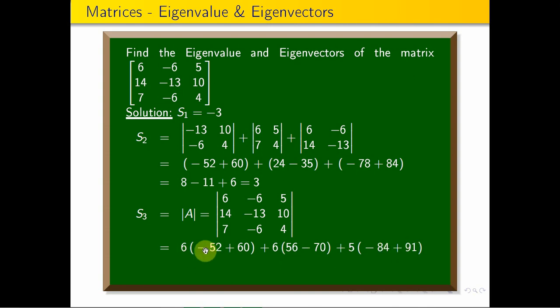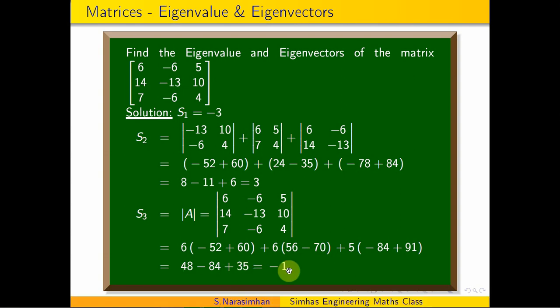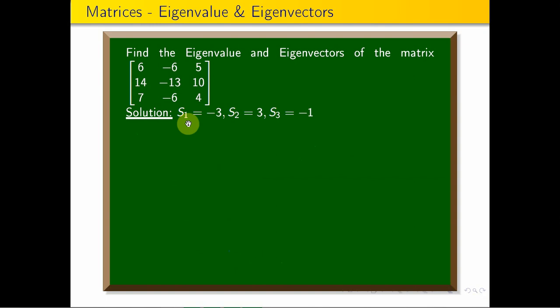Now simplify this: it is 6 into 8, 48, plus 6 into minus 14, minus 84, 5 into 7, plus 35. If you add these, it is 83 minus 84, so we get minus 1. So we found S1, S2, S3.